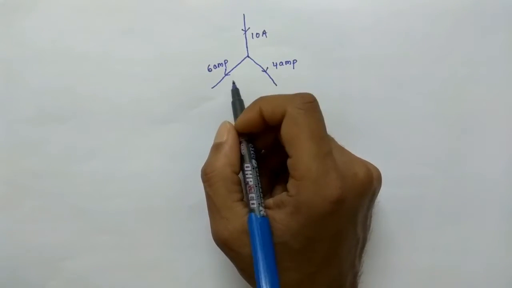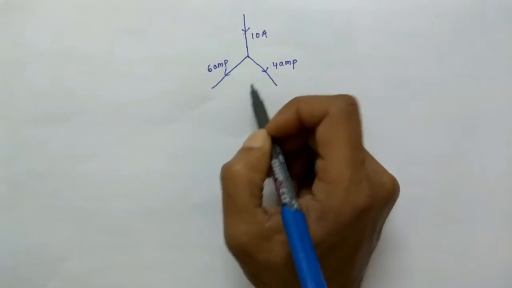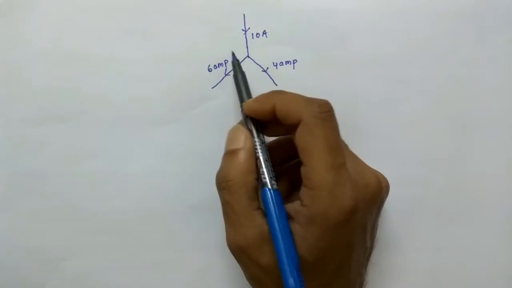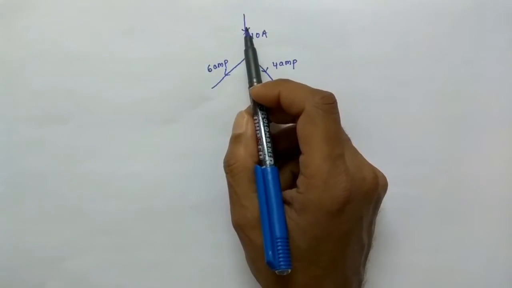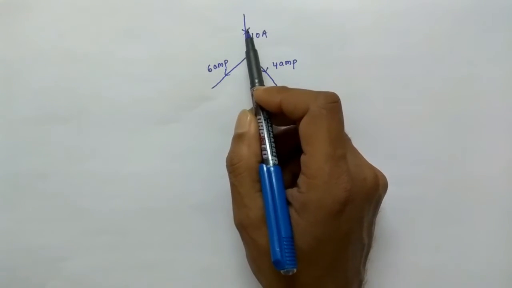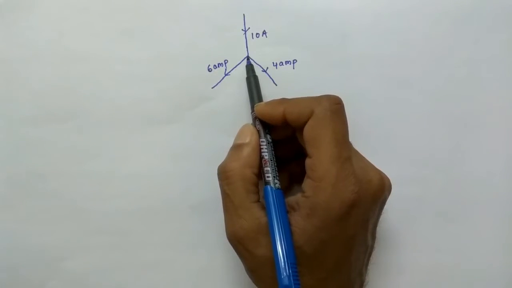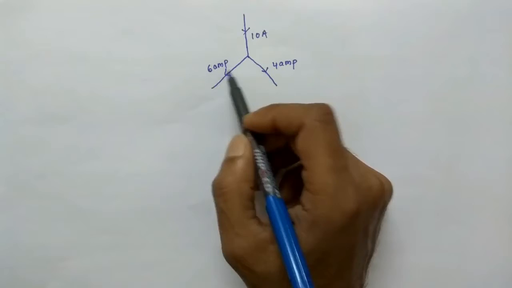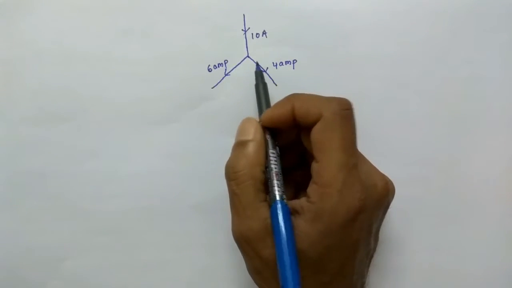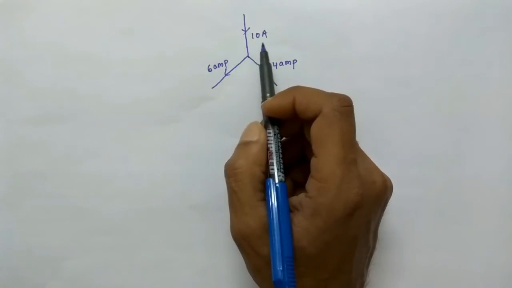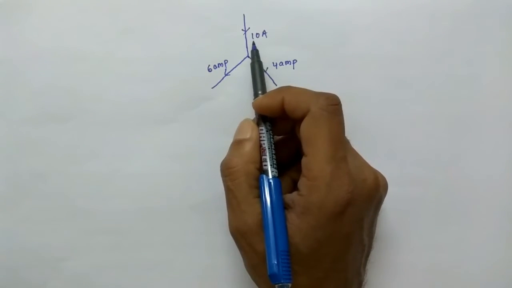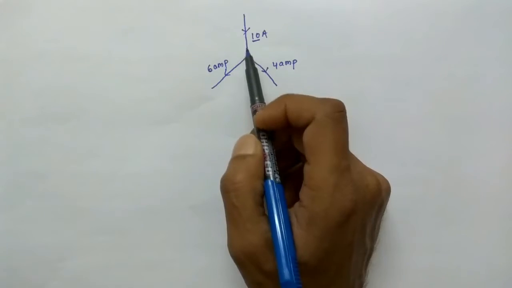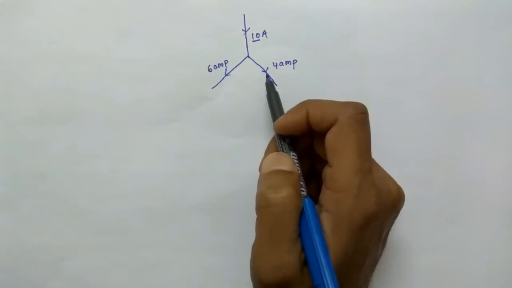Now friends, consider this figure. It is an electrical circuit. 10 ampere current is flowing through this wire, and at this junction it is distributed into 6 ampere and 4 ampere. Here you can see the current has magnitude and direction also.